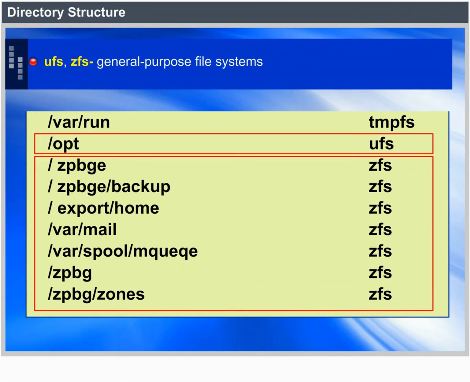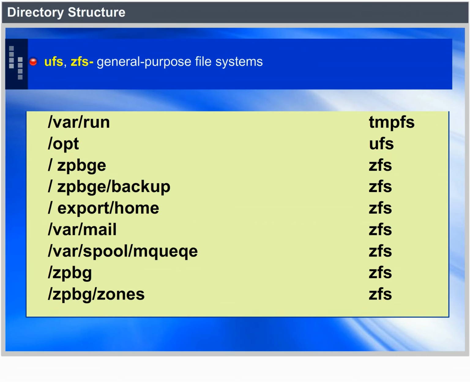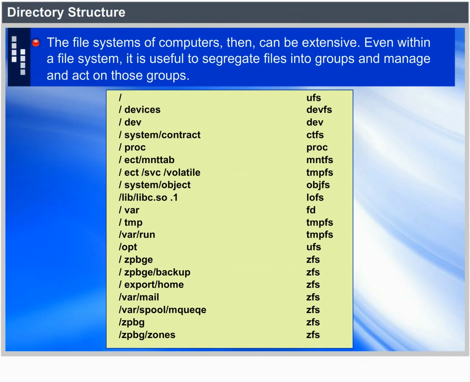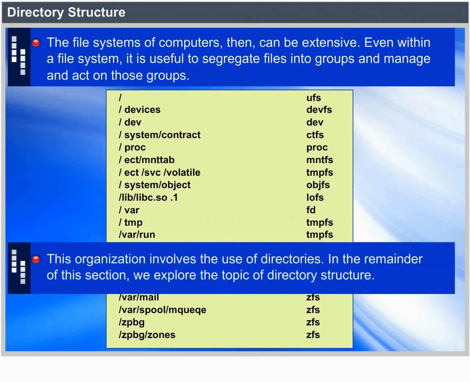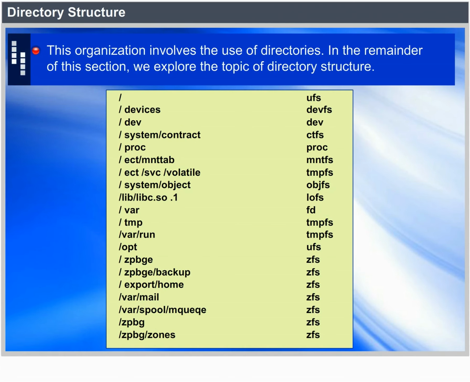The file systems of computers, then, can be extensive. Even within a file system, it is useful to segregate files into groups and manage and act on those groups. This organization involves the use of directories. In the remainder of this section, we explore the topic of directory structure. Directories viewed.